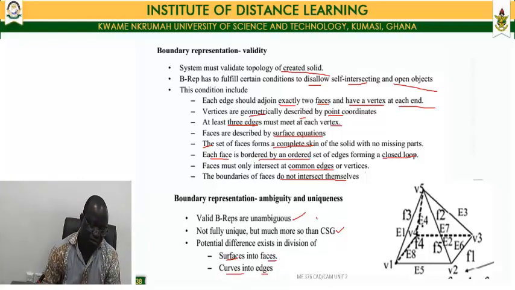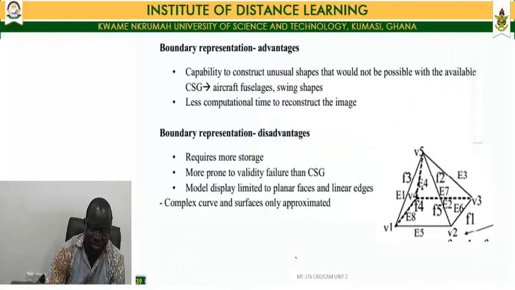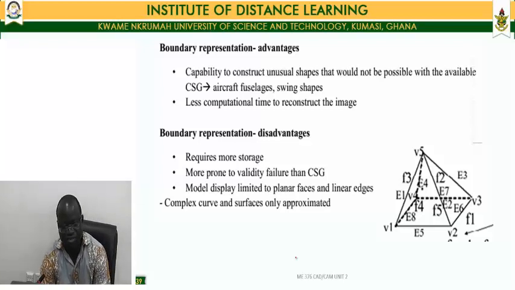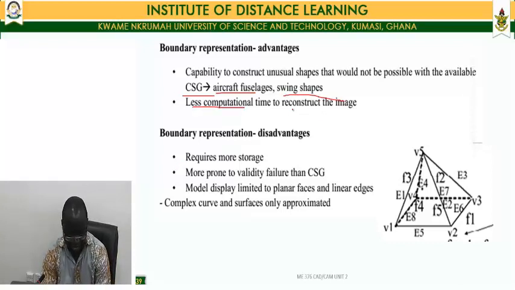One is able to construct unusual shapes that are not possible with the CSG technique, such as aircraft fuselage and wing shapes. It also requires less computational time to reconstruct compared with constructive solid geometry.